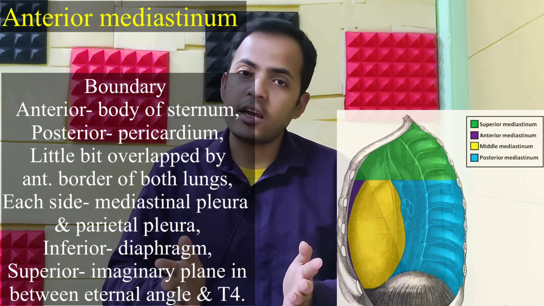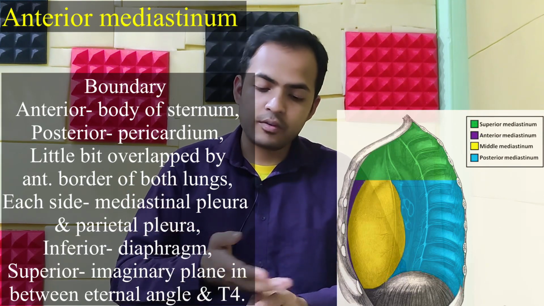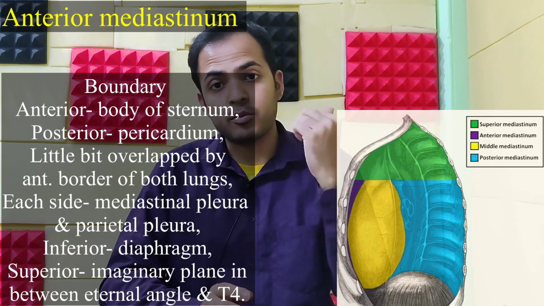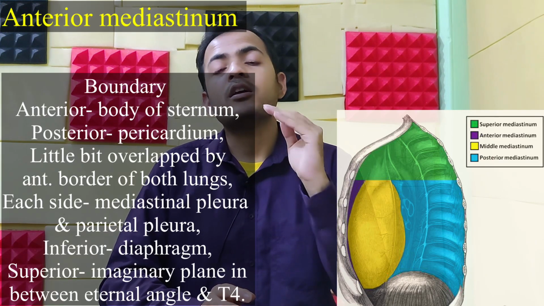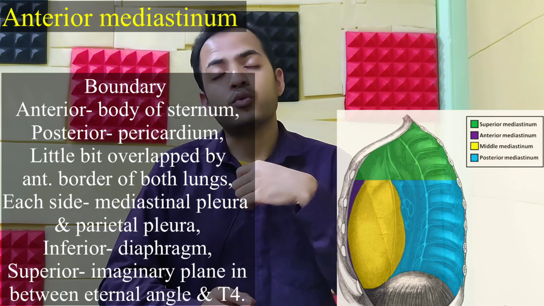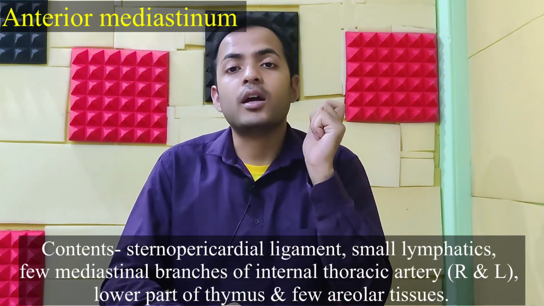On each side again there is mediastinal pleura along with the parietal pleura of the lungs. Inferiorly it is bounded by the diaphragm, and superiorly by, as I said just before, that imaginary plane between the sternal angle, or angle of Lewis, and the fourth thoracic vertebra.